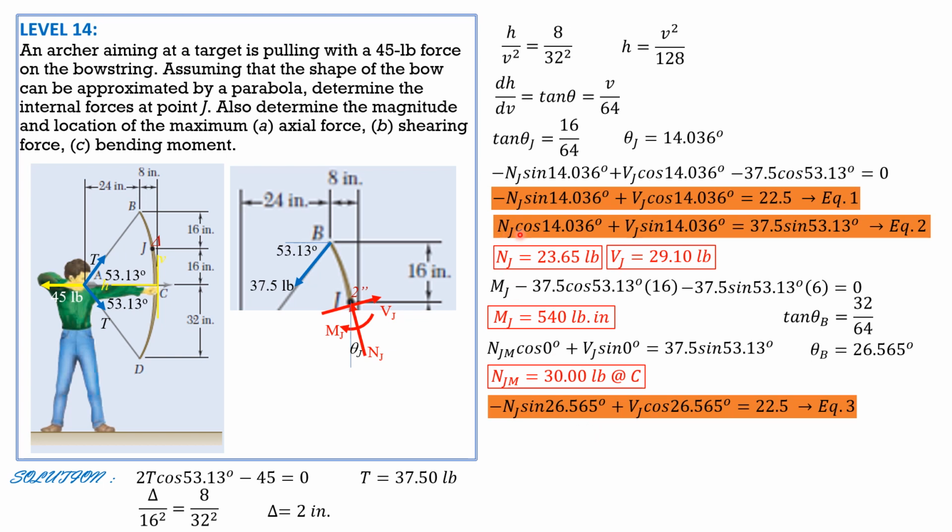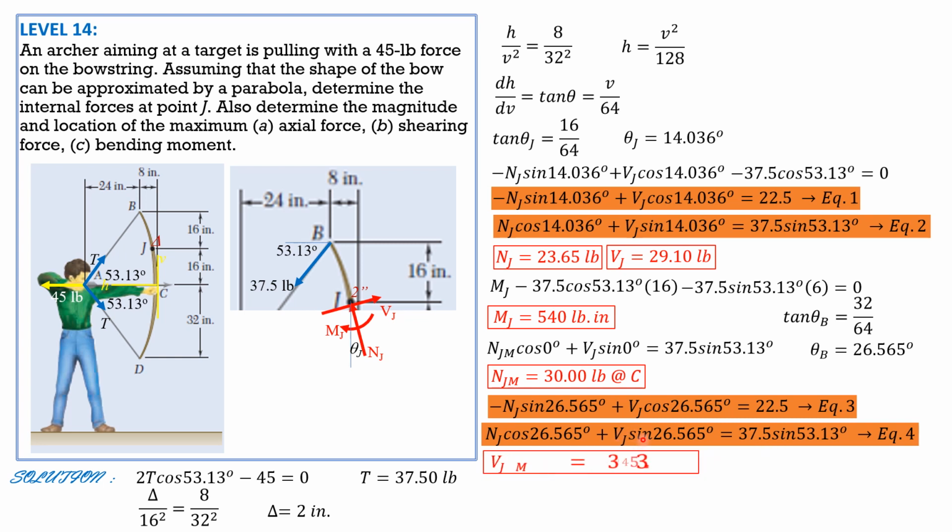Then in equation 2, we replace just the angle, Nj cosine of 26.565 degrees plus Vj sine of 26.565 degrees equals 37.5 sine of 53.13 degrees. Equation 4, solving these two equations simultaneously, remember the corresponding value of Vj is maximum. So Vj max is 33.54 pounds and it occurs at B and D.